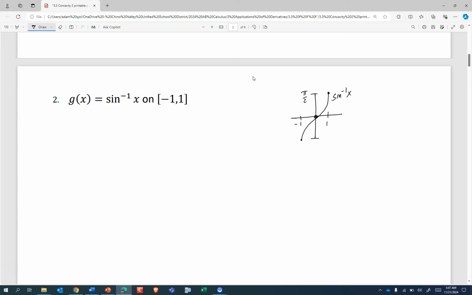So we should expect g double prime to be negative from negative 1 to 0 and positive from 0 to 1.